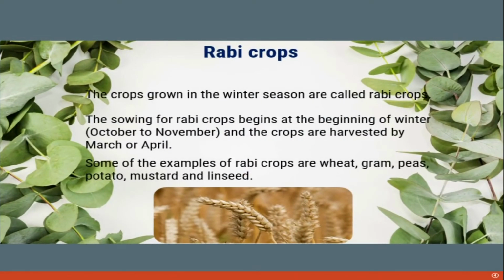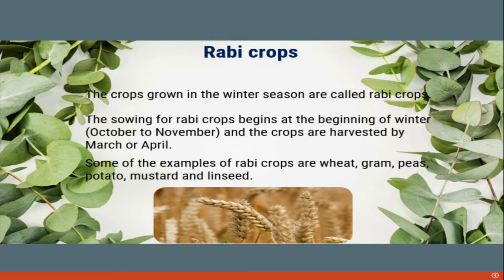Next, rabi crops. What is meant by rabi crops? Crops grown in the winter season are called rabi crops. In which season? Winter season. Usually, sowing for the rabi crops begins at the beginning of winter, exactly October to November, and they are harvested in the month of March or April.